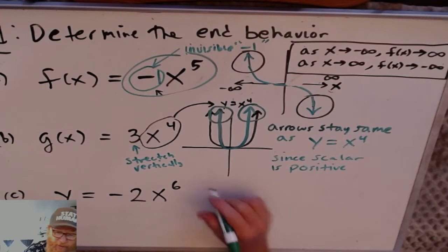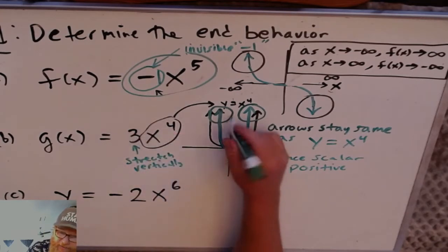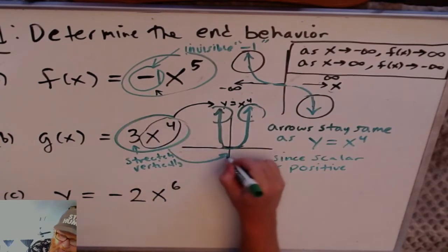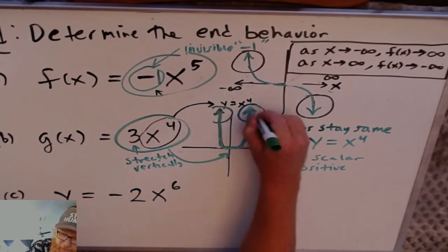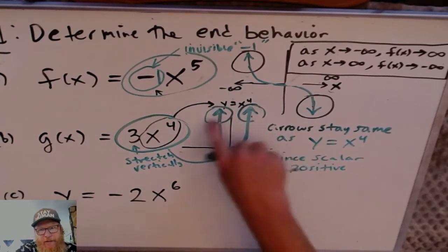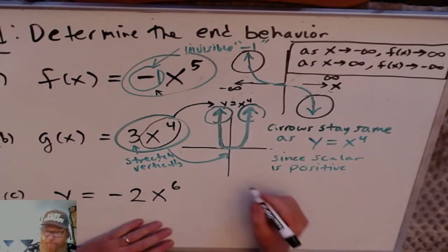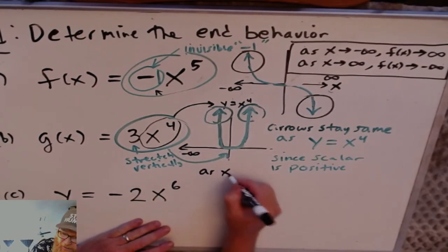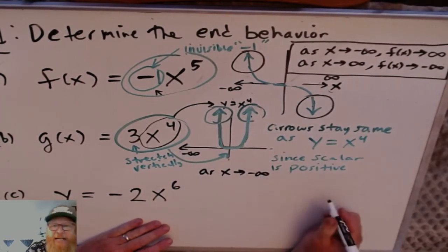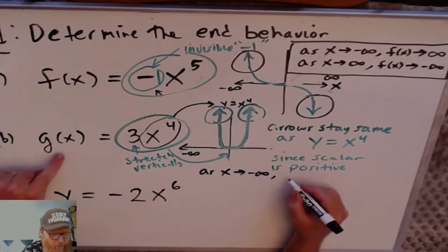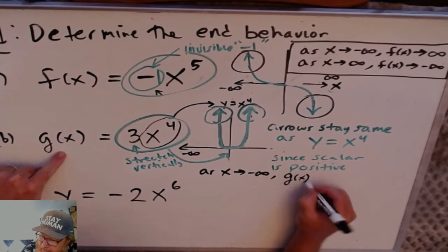All right, so the green is our actual graph. That's the graph of all of this. Okay, and remember, we are ignoring everything except the arrows. So we're going to say as x goes to negative infinity, what's happening to the y, or in this case it's called g.